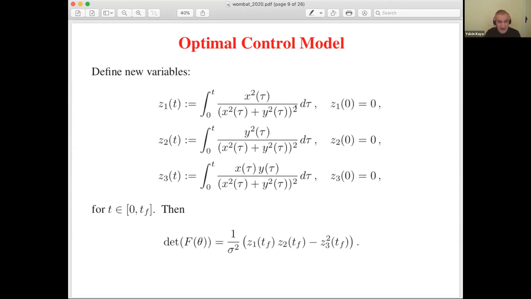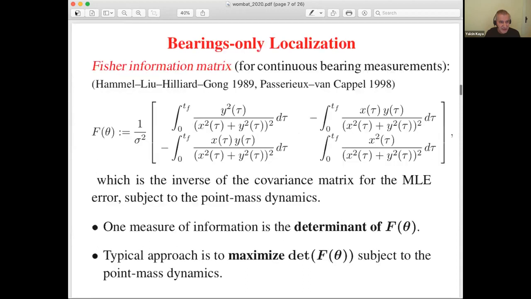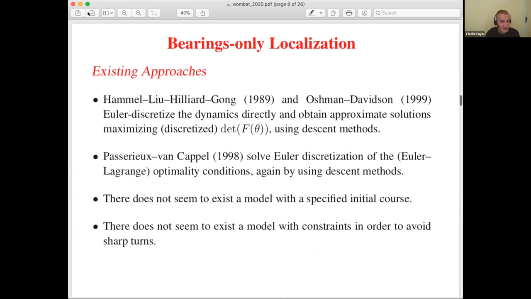These are the entries of the Fisher information matrix, but integrated up to time t. So Z1 is given as the integral from 0 to t. Z2 is given as this element, and Z3 is given as the off-diagonal element. The off-diagonal elements are the same. It's a symmetric matrix.